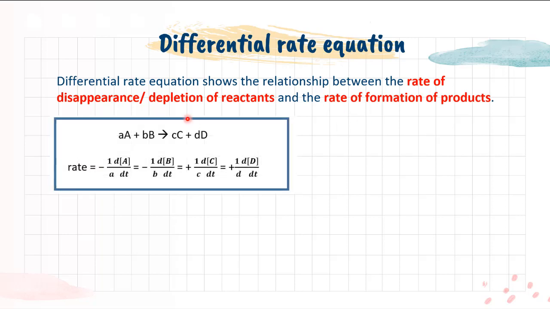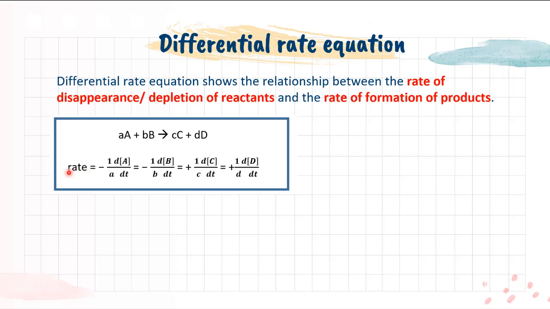So using a general formula over here, A, B, the reactant, producing C, D, the product. So the small letters a, b, c, d are their stoichiometric coefficients. So to do our differential rate equation, you can do it as shown over here.